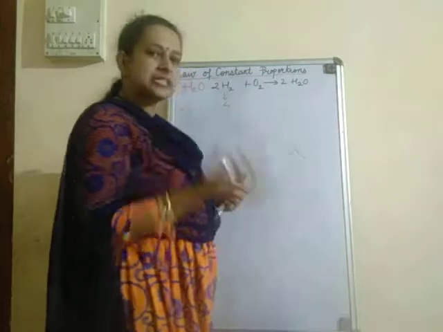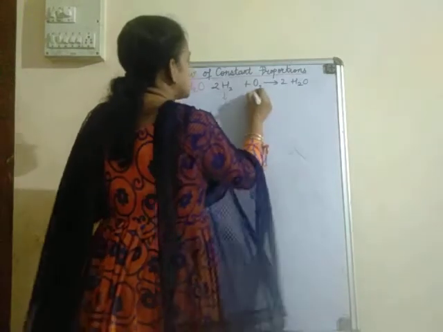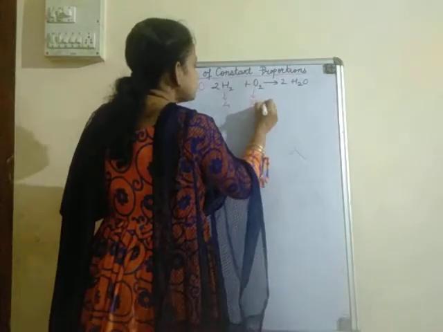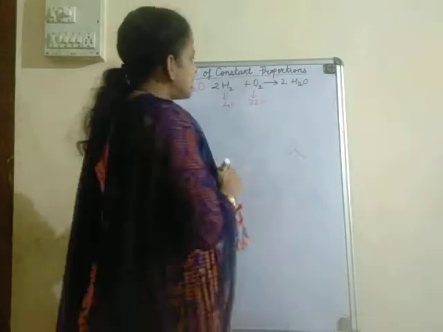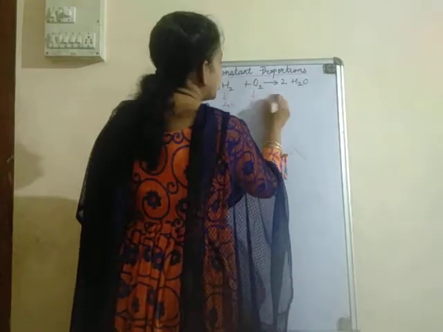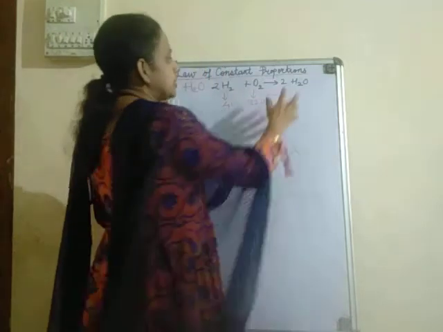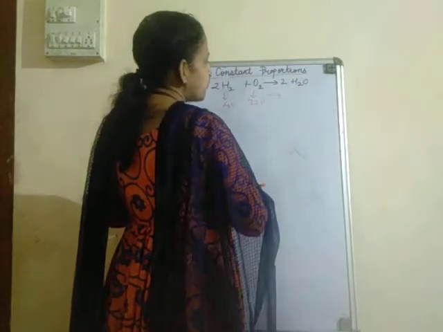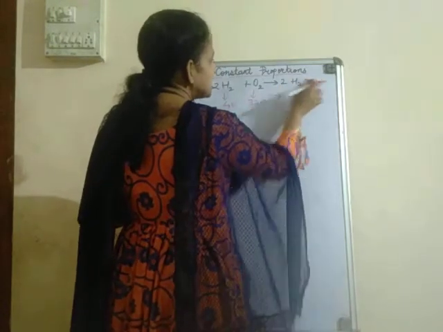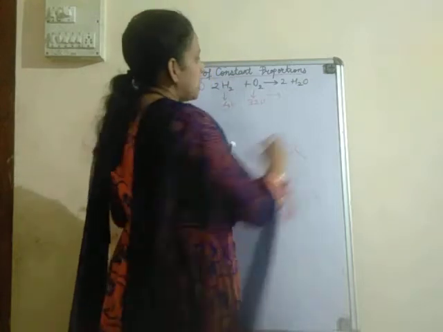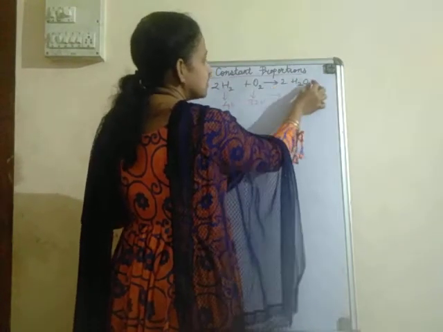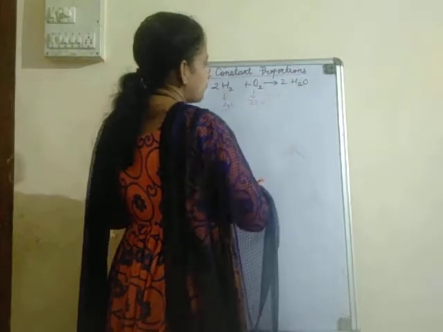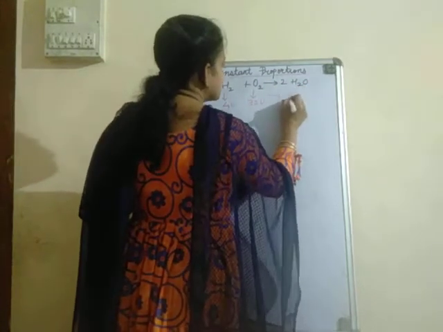So 16 multiplied by 2 becomes 32 units. Here hydrogen is 4 units and oxygen becomes 32 units. So 32 plus 4 becomes equal to 36 units.